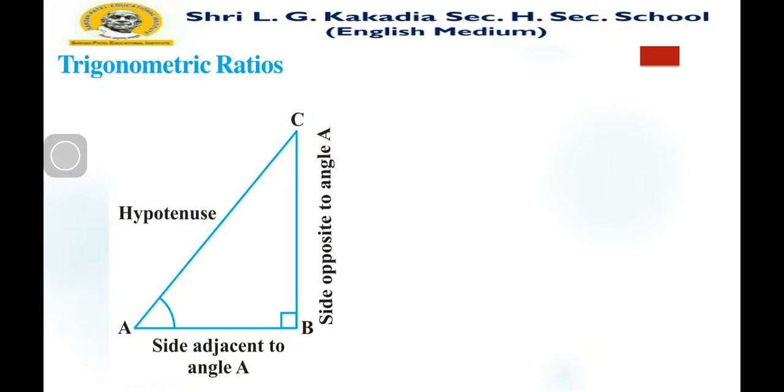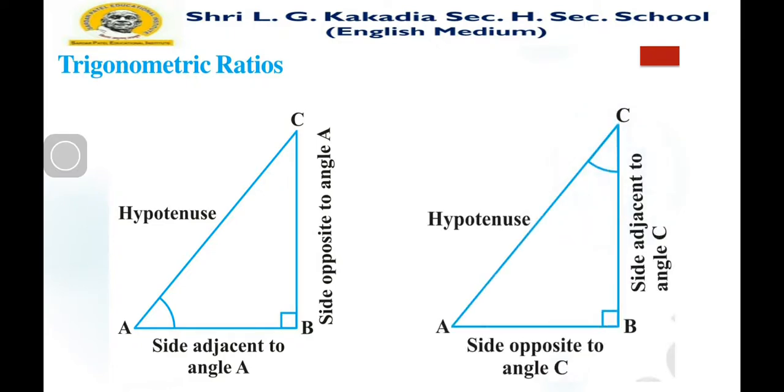Now if we take angle C, the sides are going to change, because we take all sides according to angle C. C is an acute angle, so BC will be the side adjacent to angle C, and AB will be the side opposite to angle C, and AC is the hypotenuse as well.